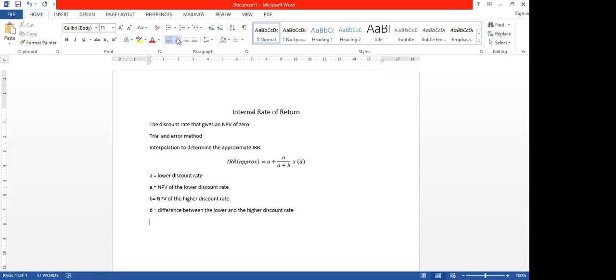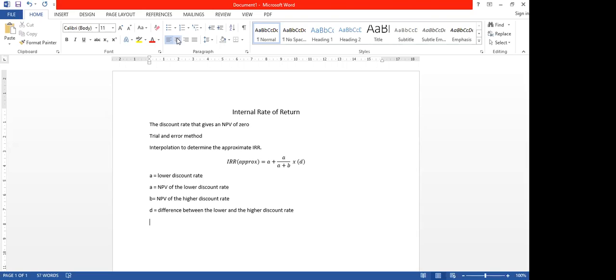The way to go about it is to say that IRR approximate is equal to A plus A over A plus B, multiplied by D. The first A is the lower discount rate. Then the second A is the NPV of the lower discount rate. And B is the NPV of the higher discount rate.